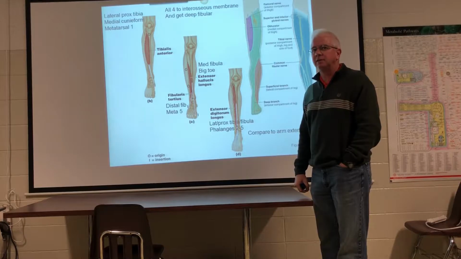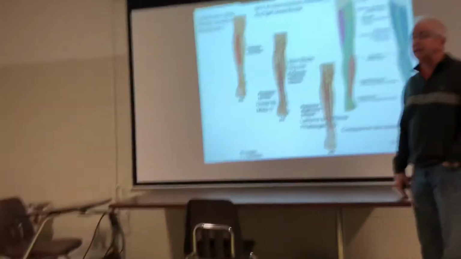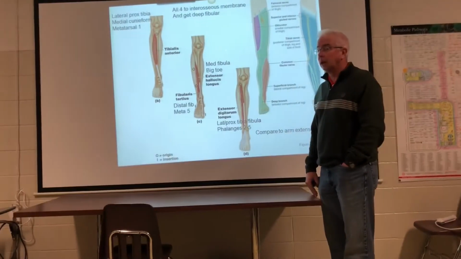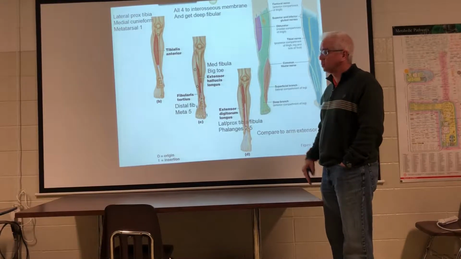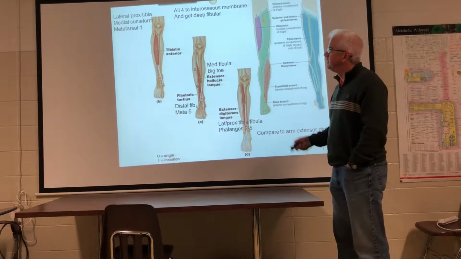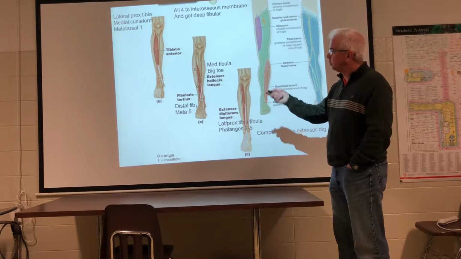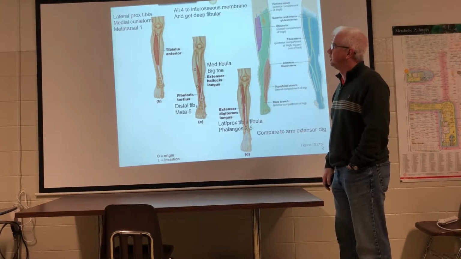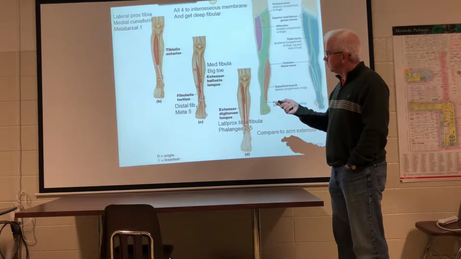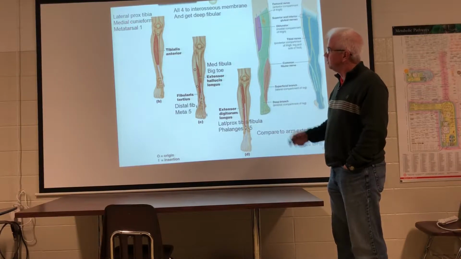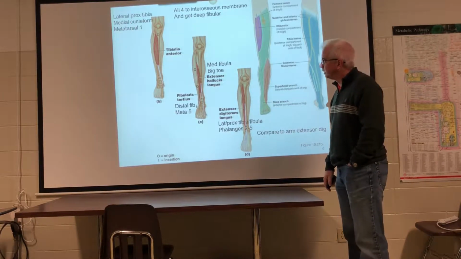The tibialis anterior, it's anterior, yes, but it is also lateral. So we're going to work our way lateral across here. So this guy, that's why it says here, lateral proximal tibia. That's the attachment of the tibialis anterior. And it goes here, again, we won't beat you up with these, cuneiform and metatarsal 1.